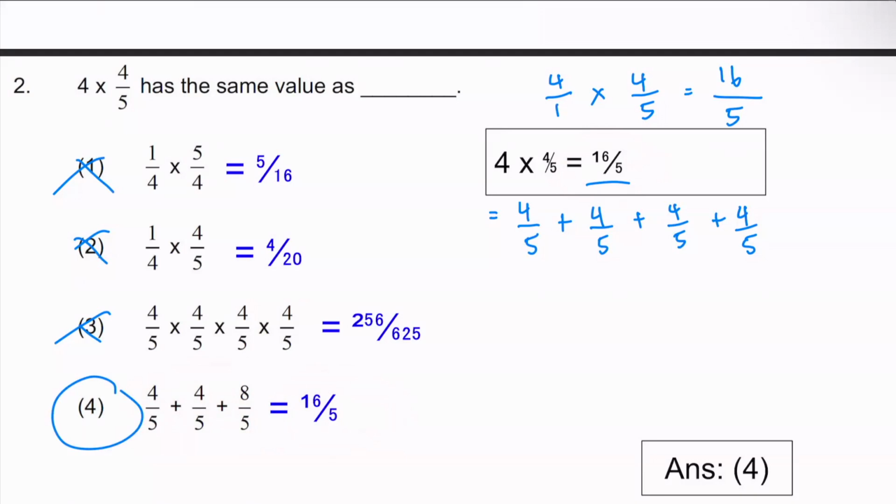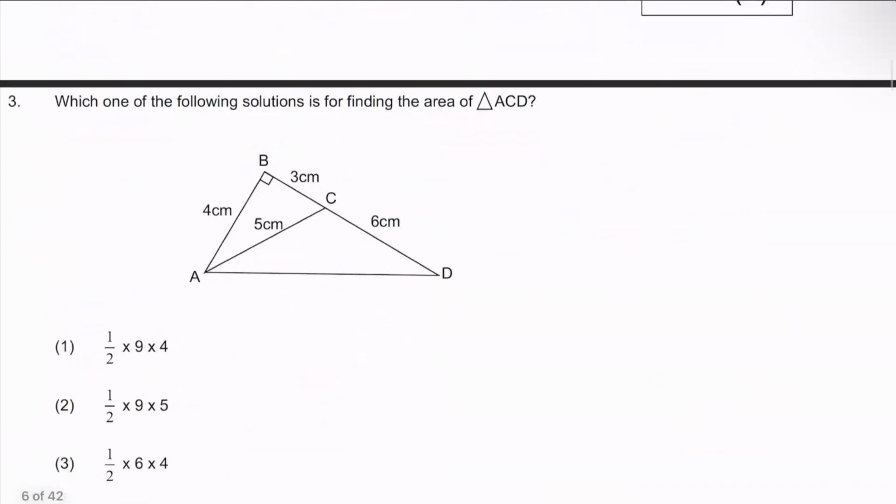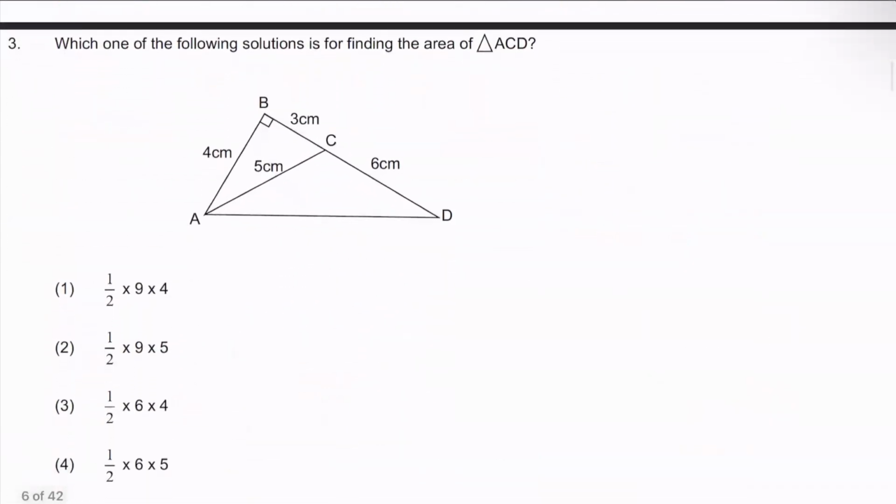Okay. Let's look at question number 3. Which one of these following solutions is for finding the area of triangle ACD? Okay, so keyword here is area of a triangle, right?